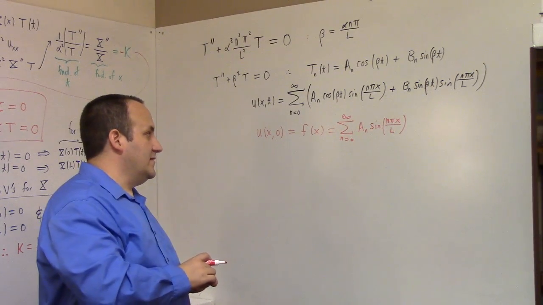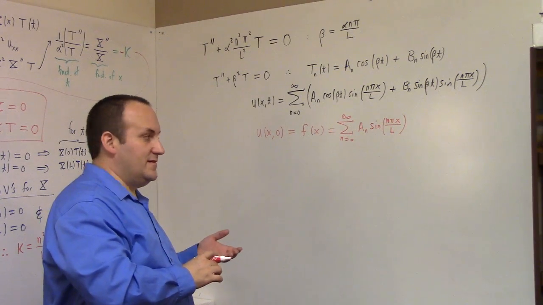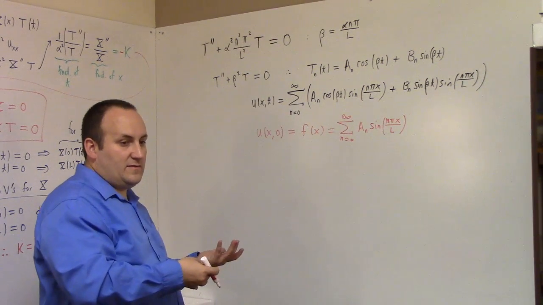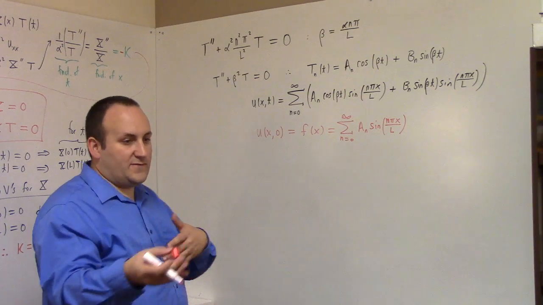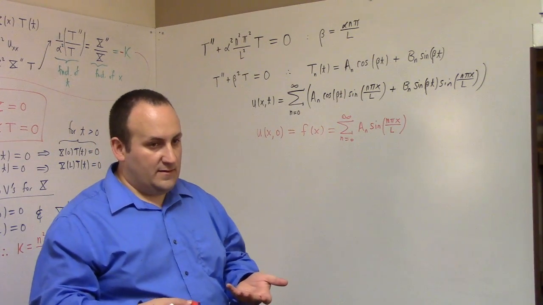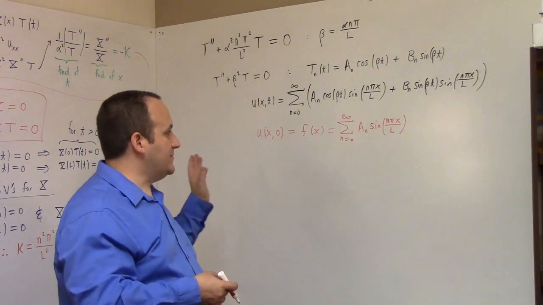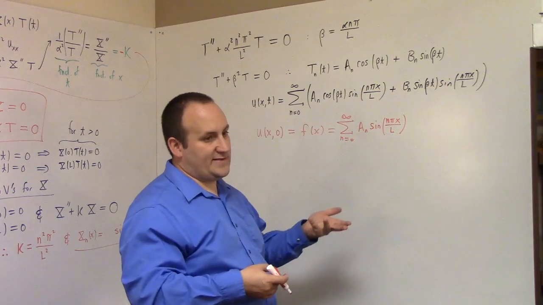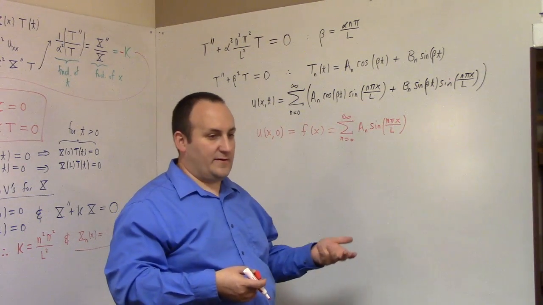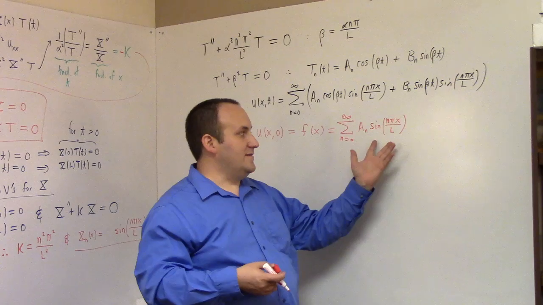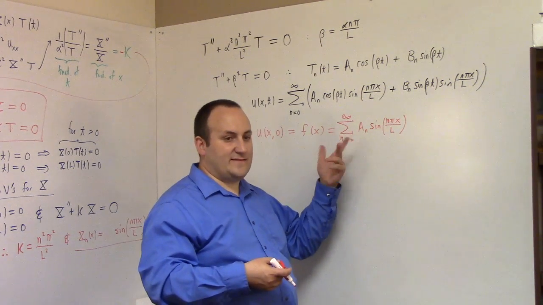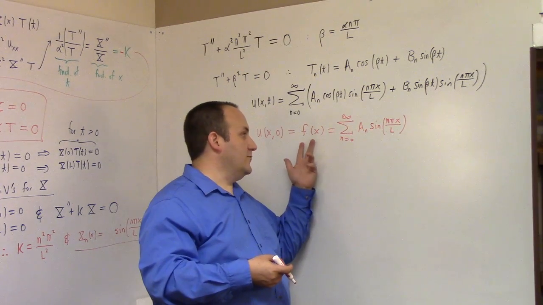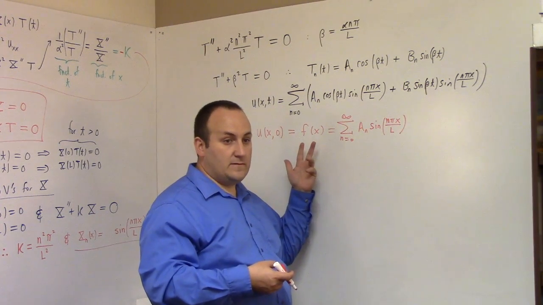So the point is to choose the a sub n's to fit f of x. You can use Fourier theory. Or, to be more hands-on, multiply both sides by the sine of k pi x over L and integrate from 0 to L. That behaves like a Kronecker delta, selects the a sub kth term, and gives me a formula for a sub k in terms of the integral of f of x weighted by sine of k pi x over L.